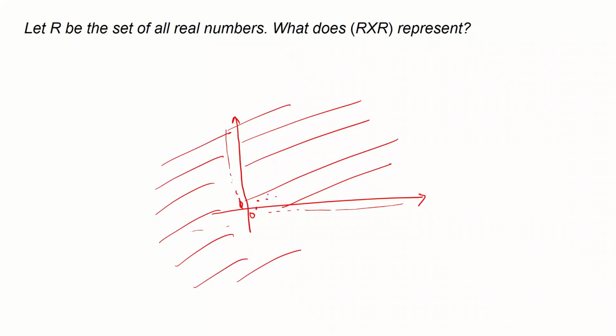So you'll be getting all of these points. You'll have to cross all of them. So you'll be getting all of these points, which is nothing but the R squared plane or the Cartesian plane. This is the two-dimensional plane of the real numbers, the Cartesian system.